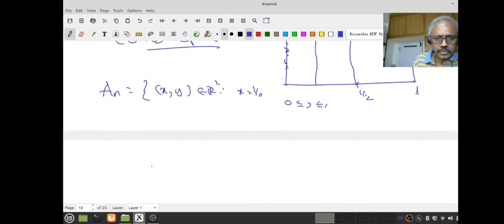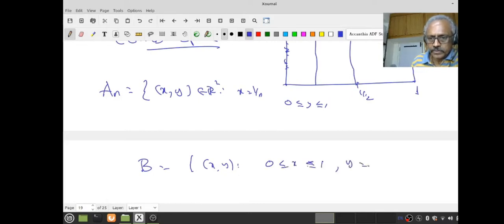And my B is the set of all (x, y) such that 0 less than or equal to x less than or equal to 1 and y equal to 0. That is the part of the x-axis. This is my B. These are my A_n.